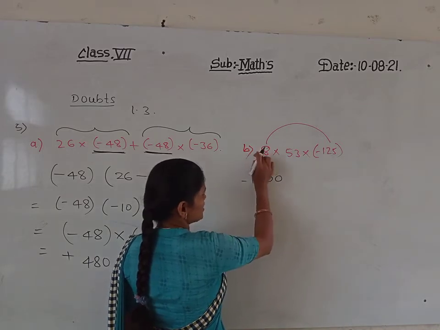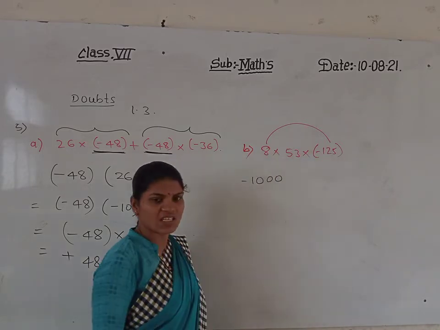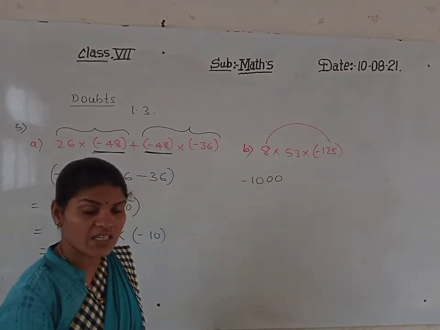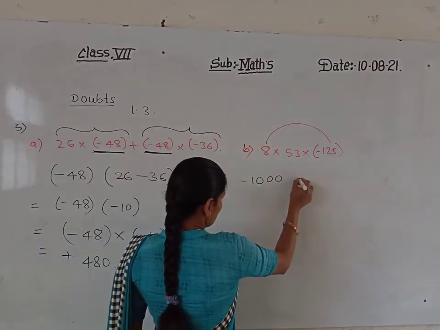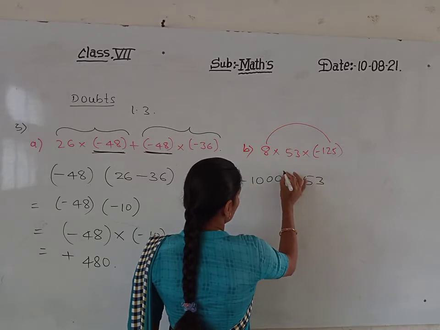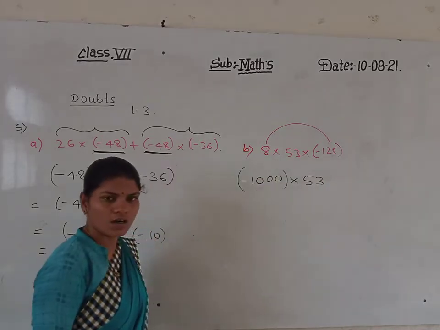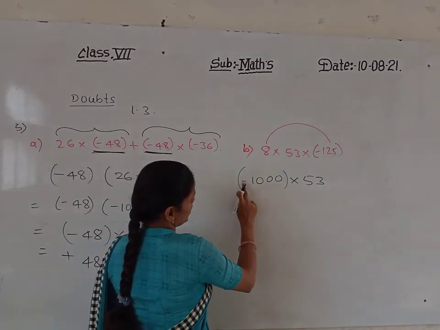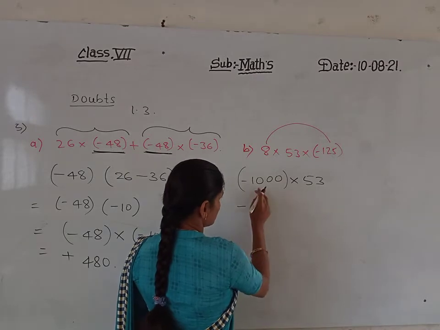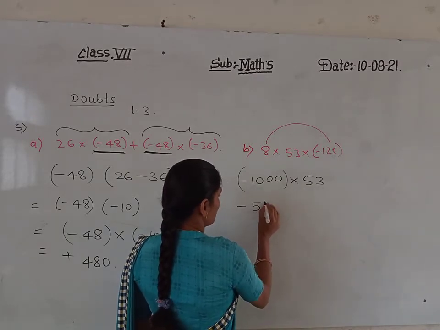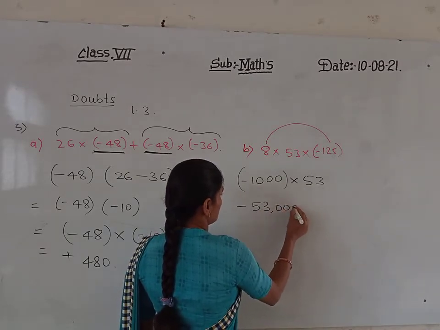So 8 into minus 125, its answer is minus 1000, into 53. Now minus into plus, minus 1000 into 53 is how much? 53,000.